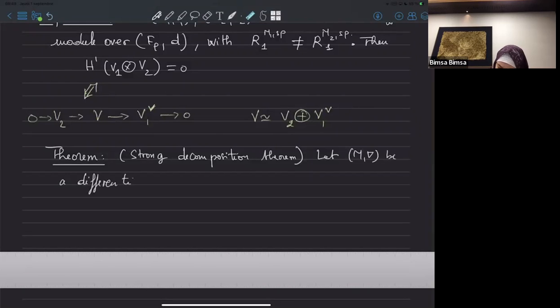It doesn't matter which derivative we choose, because if by multiplying, for example, by this one, I get a differential module, then if I can decompose this one, I can decompose the other one. This does not depend on the choice of the derivative.